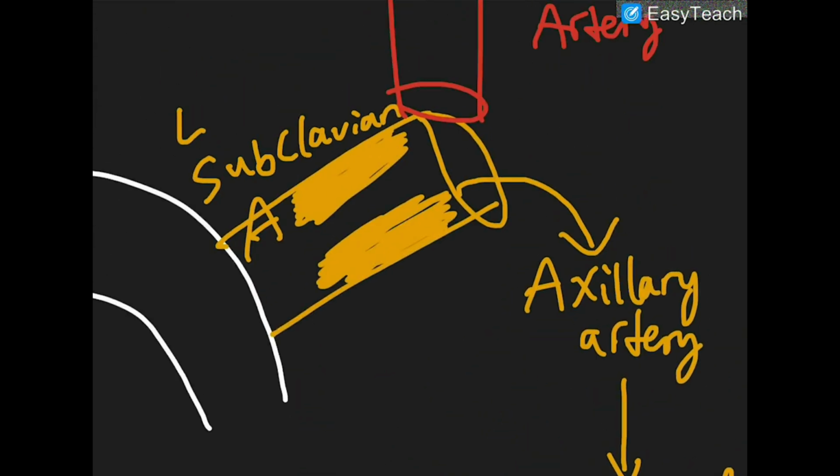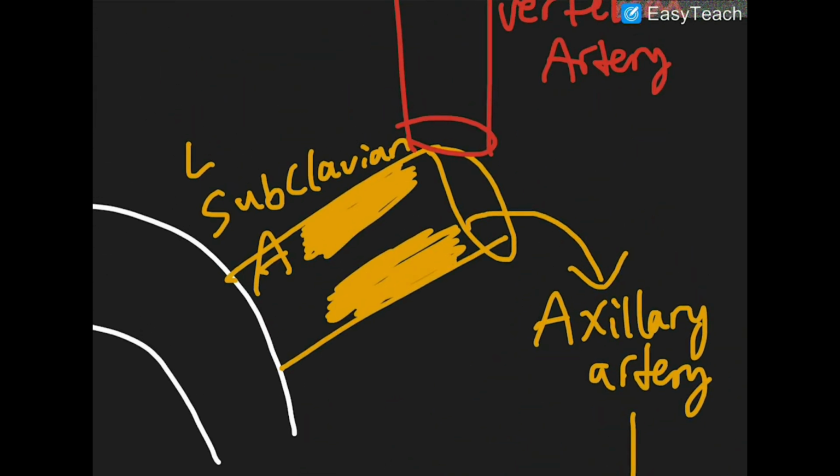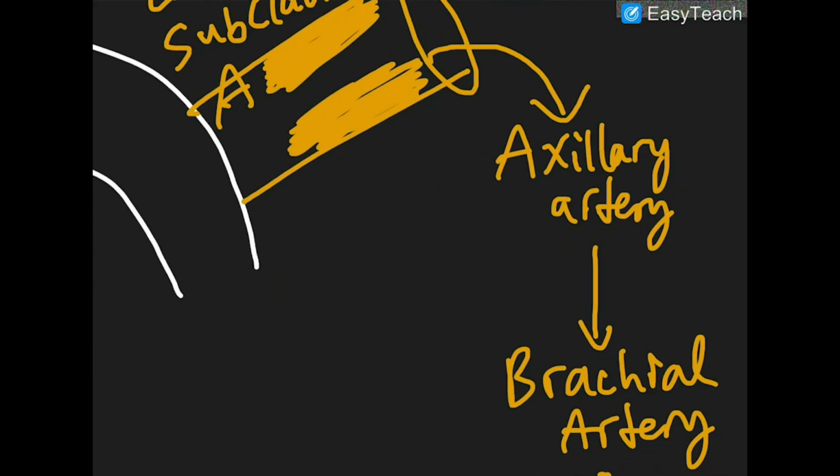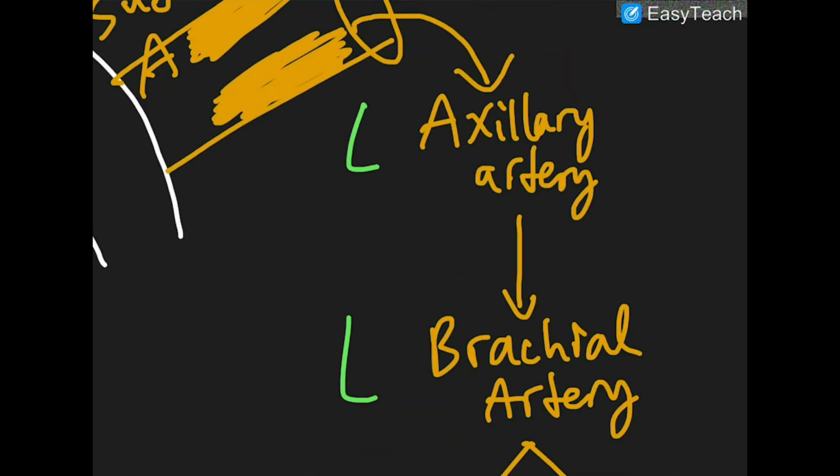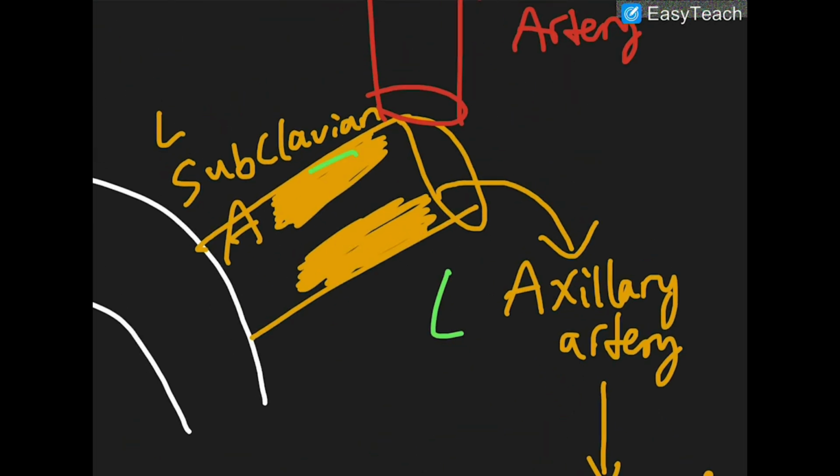So your left subclavian artery eventually gives blood supply to your left arm. But if you have narrowing here, that's going to affect the blood flow going to your arm.